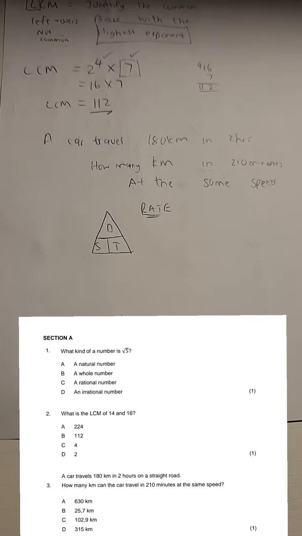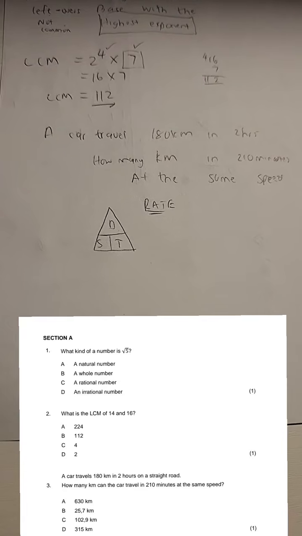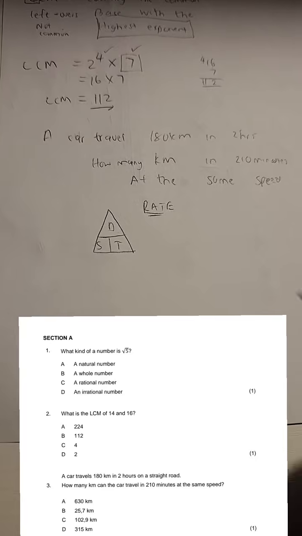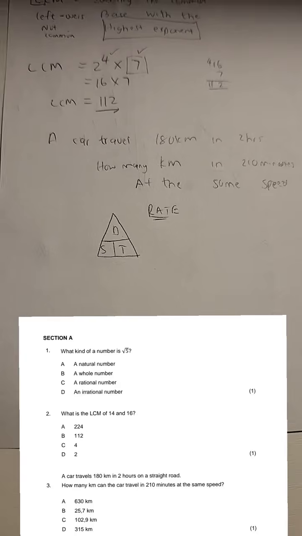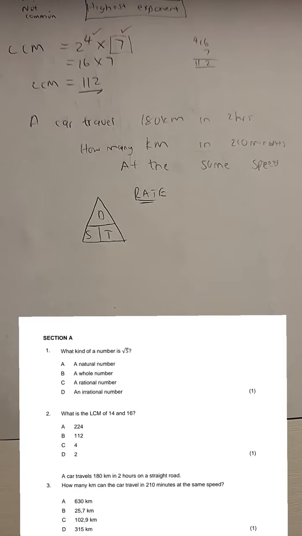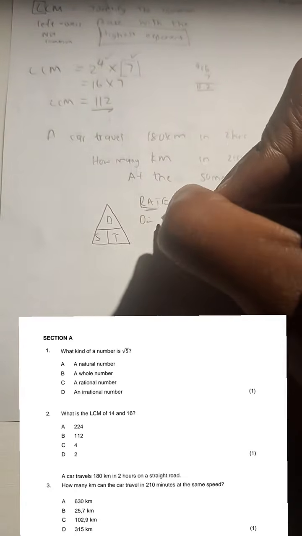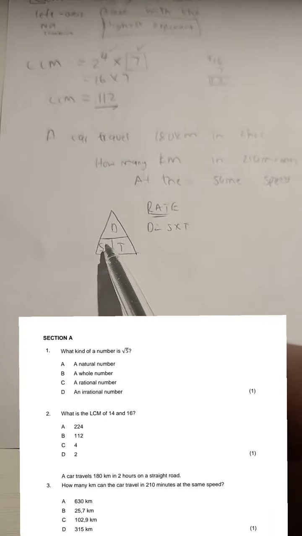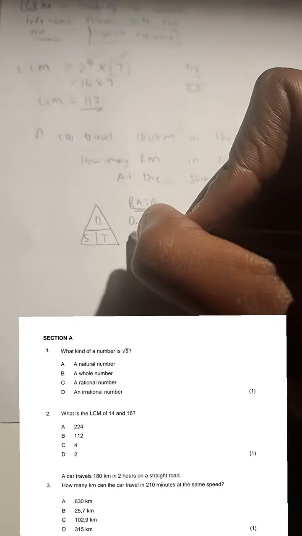Remember, rate is the comparison of 2 or more quantities that have different units. That's what rate is, grade 9s. So we can say distance is equal to speed times time. S and T are next to each other, product of each other.